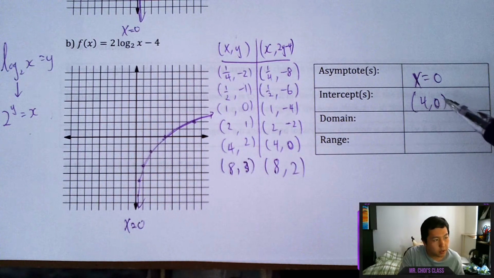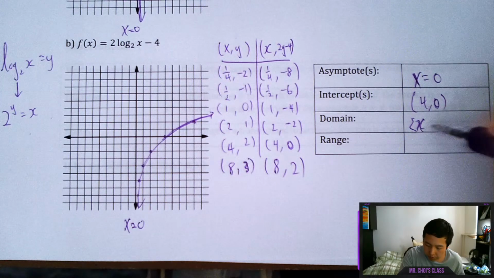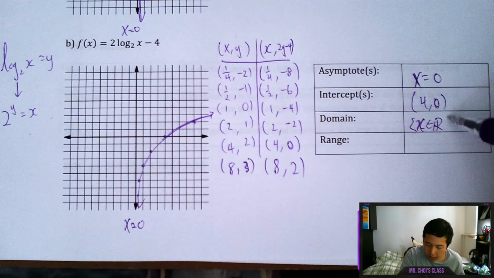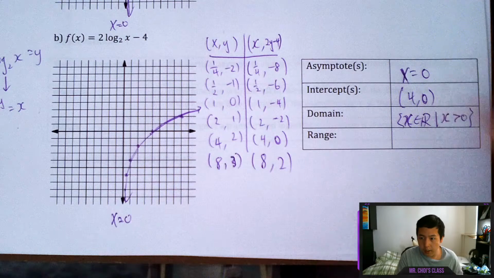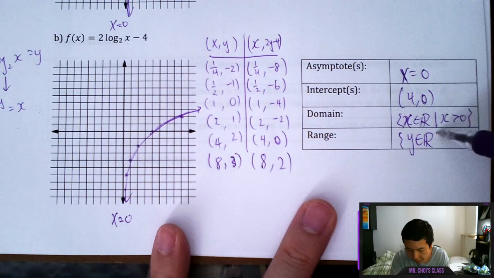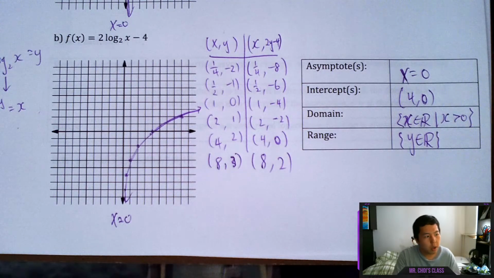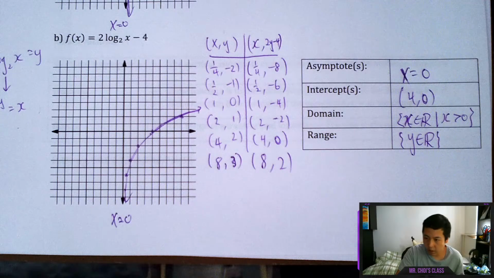So domain, we have x is any real number such that x is greater than 0 because the asymptote has not changed. And for our range, that has not changed either. Y is going to be any real number, an element of the real numbers.